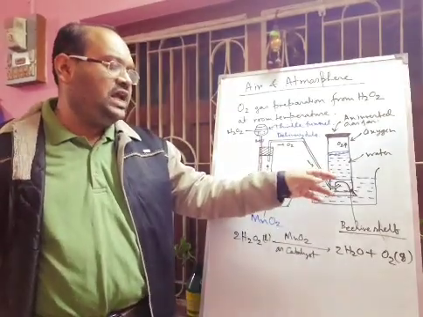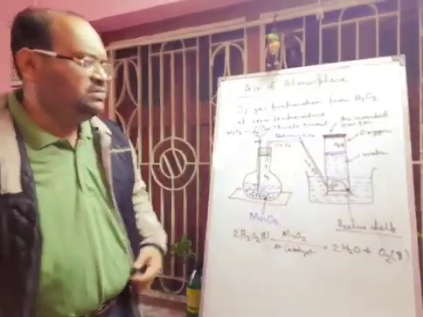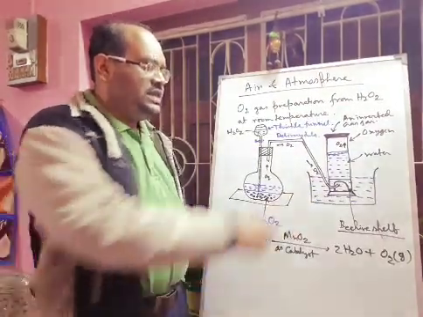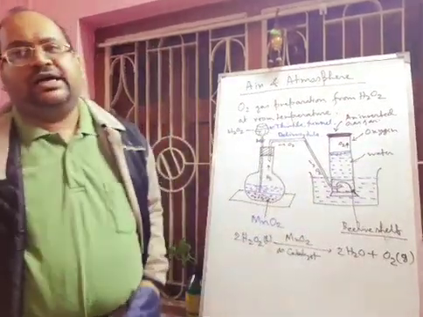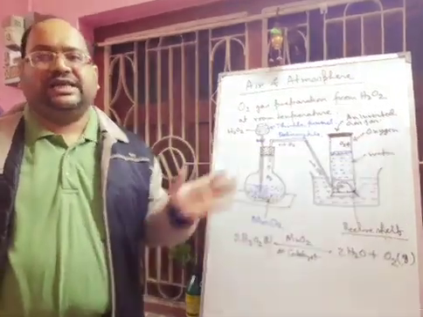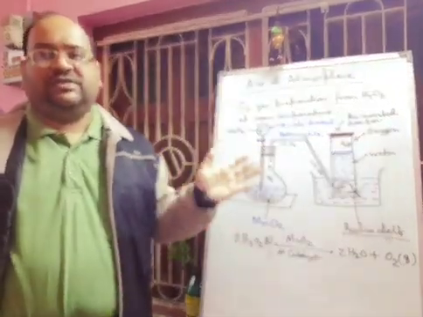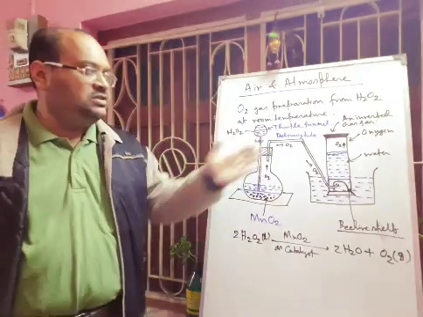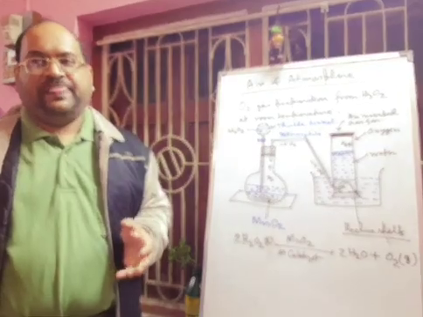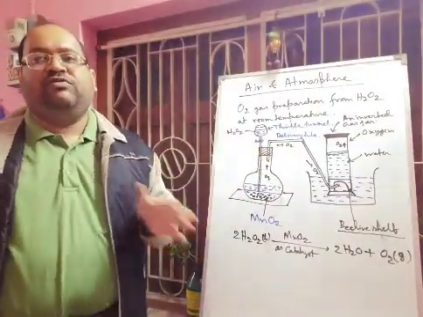Here the inverted jar will first be full of water, and oxygen gas will be collected by downward displacement of water. The space inside the jar is occupied by oxygen gas, the water level slowly decreases, and finally the jar becomes full.